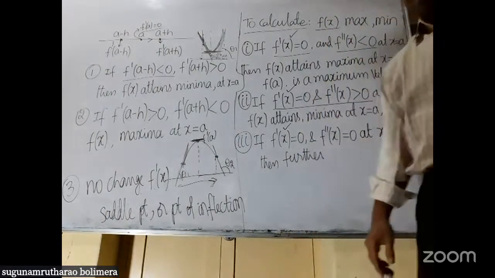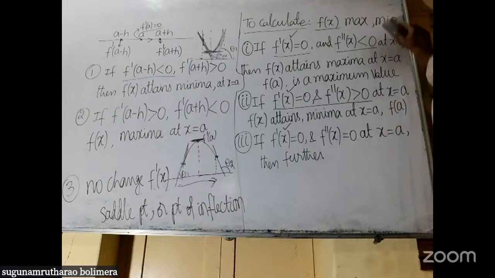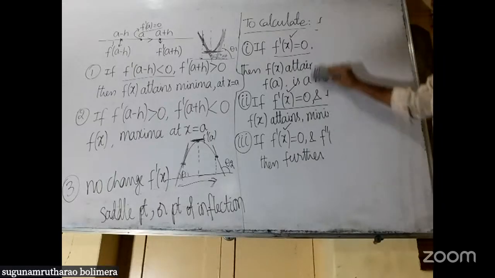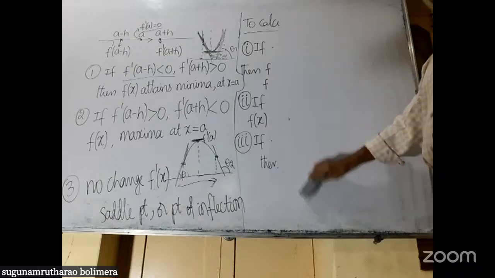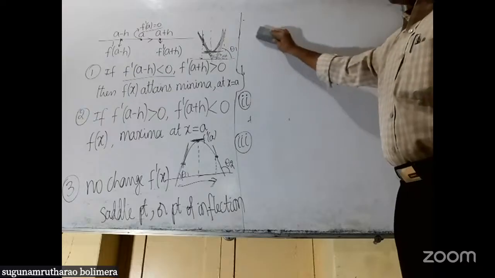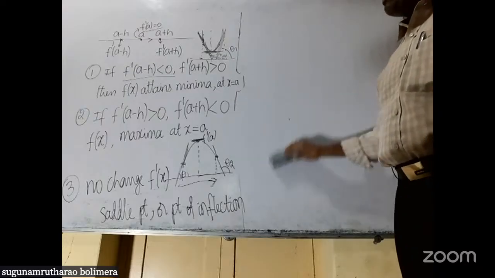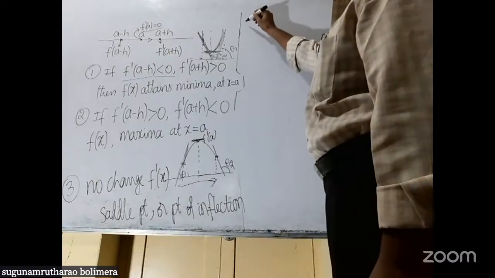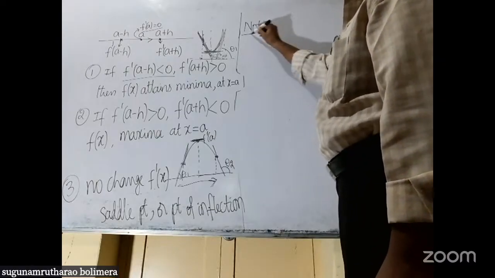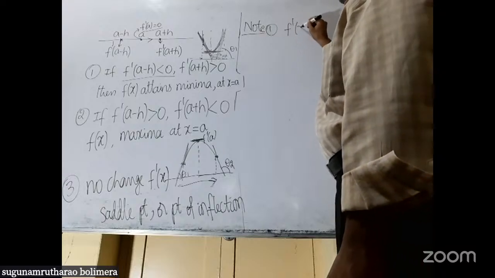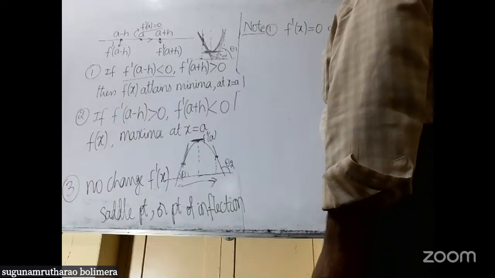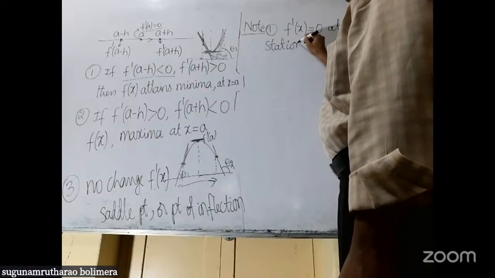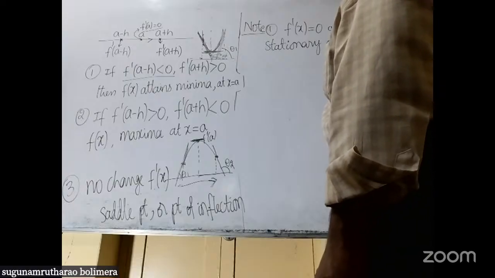Note. If f dash of x equals 0 at x equals a, then such a point is known as a stationary point.